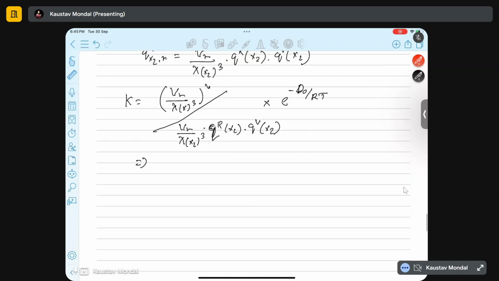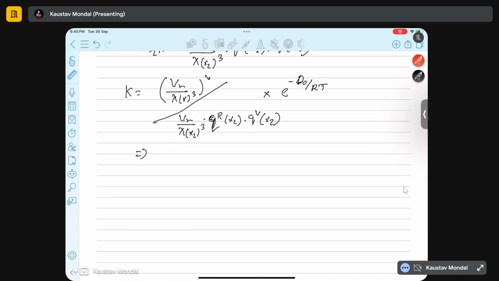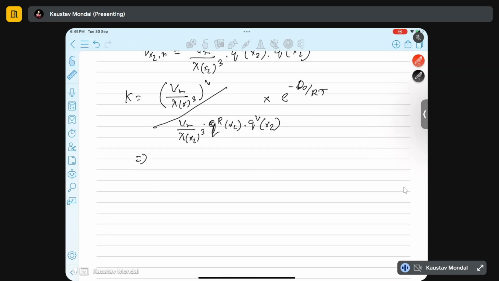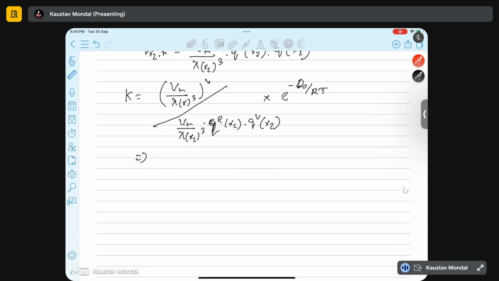Now, because both these molecules, whether it's X and X2, are in the same volume, we can cut the volume terms, right? So volume terms we can cut from here.